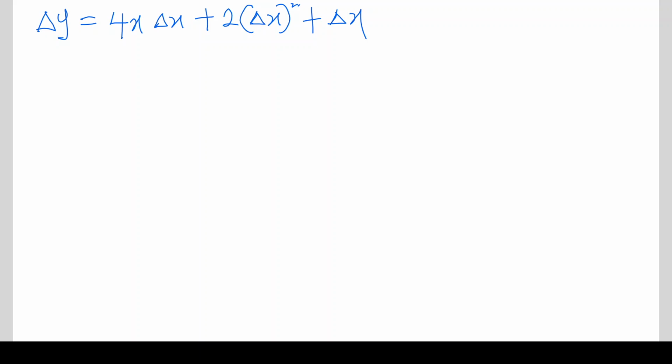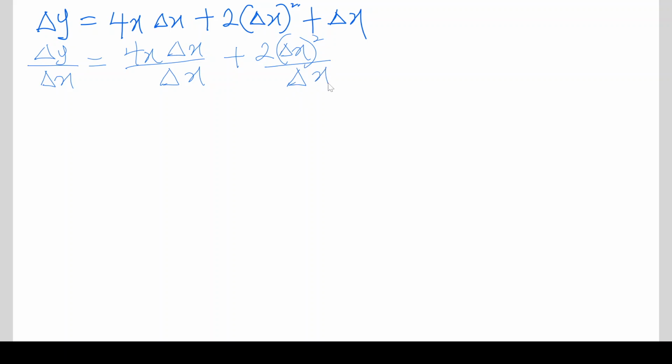Dividing through by delta x, we have delta y over delta x equals 4x delta x over delta x plus 2 delta x squared over delta x, then plus delta x over delta x.